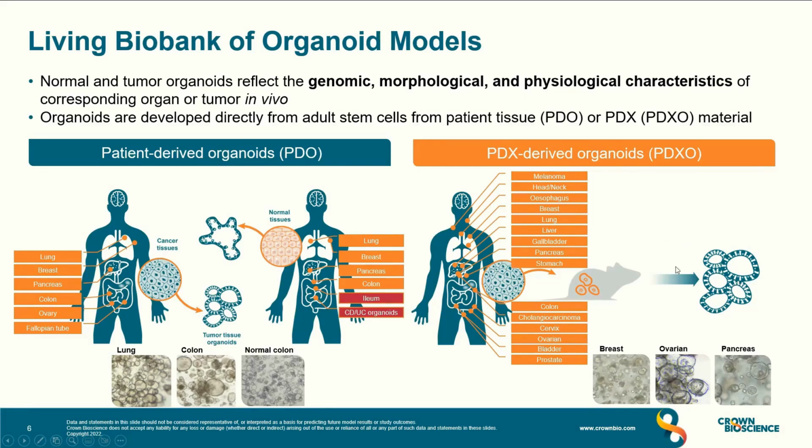But this is a more elaborate and more expensive procedure. So this really depends on the purpose that you want to use these organoids for. And as you can see, there's a large list of already available cancer indications for which organoids are available in both PDX and PDO setups.